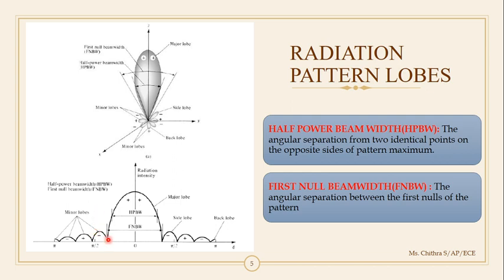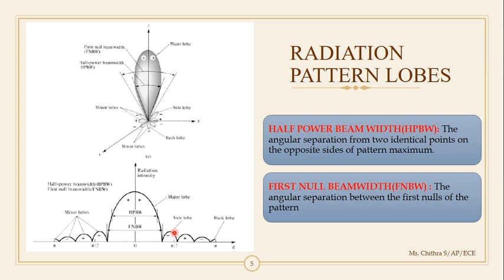The first 0 point is here. So this is my first 0 point. Similarly here, this is your point where the antenna value becomes 0.